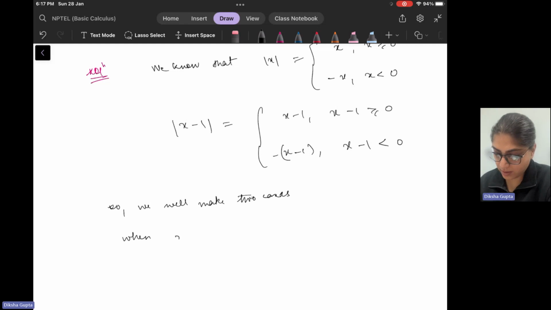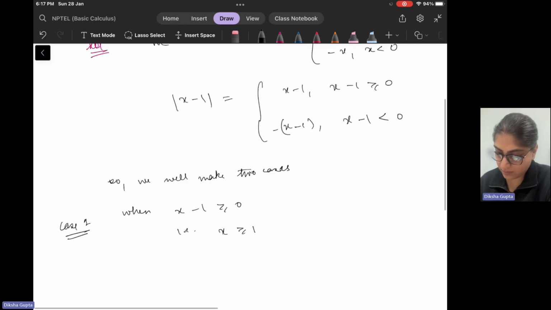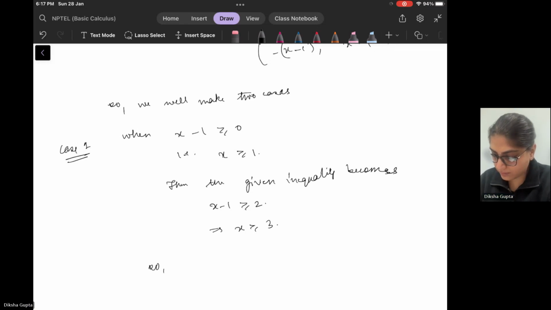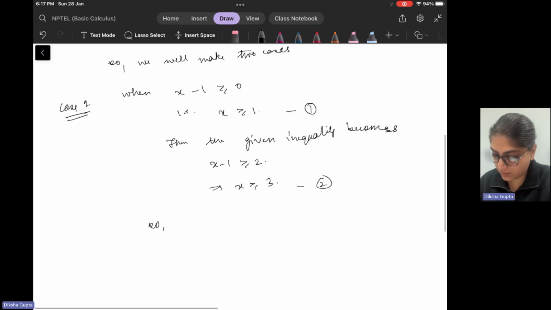When x minus 1 is greater than equal to 0, that is x greater than equal to 1, then the given inequality becomes x minus 1 greater than equal to 2, which implies x greater than equal to 3. So now we want both of these conditions to be satisfied. Condition 1 and condition 2.